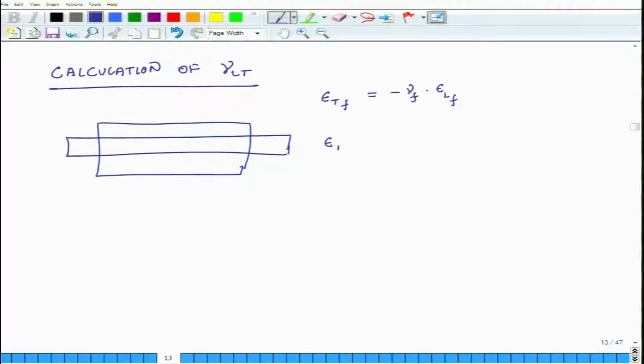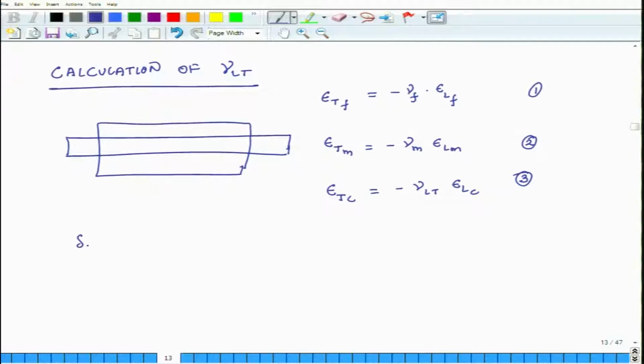Similarly, epsilon T m is equal to minus nu m epsilon L m. And the overall thing will be epsilon T c equal to minus nu LT epsilon L c, where c stands for the overall composite. So, this is 1, this is 2, this is 3. The reduction in the thickness, I call it delta.